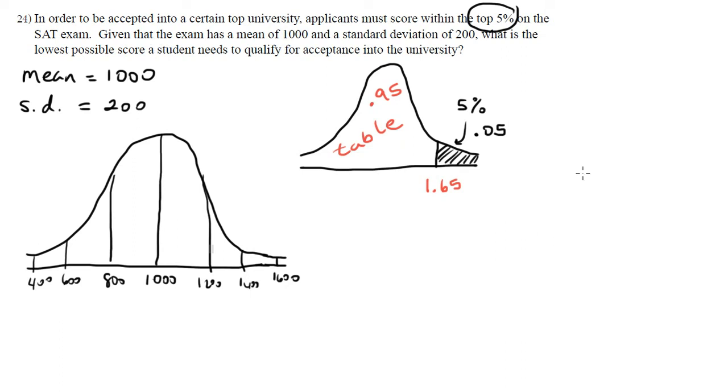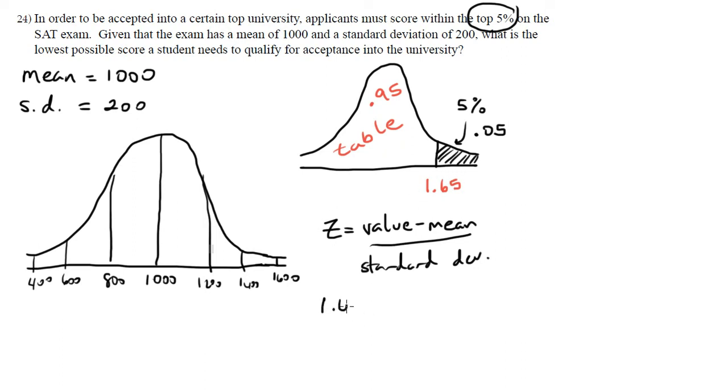I'm going to use my z formula. Z equals the value minus the mean, divided by the standard deviation. So in this case, we know the z-score, right?